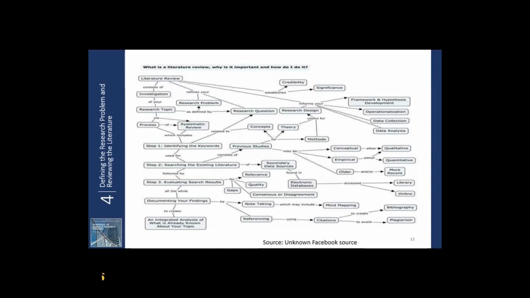Then again, the literature search, you must make sure that the search includes authorities in the discipline. Because if you are doing work on a particular topic, note that for that topic there are authorities.